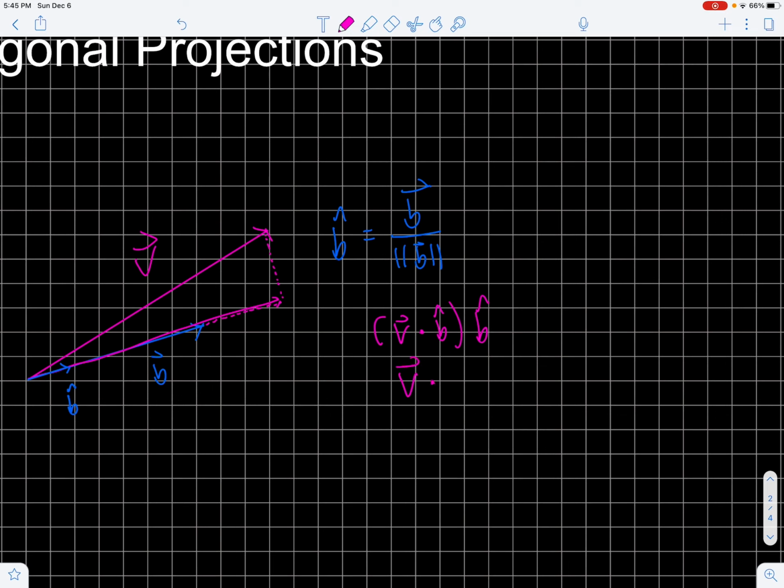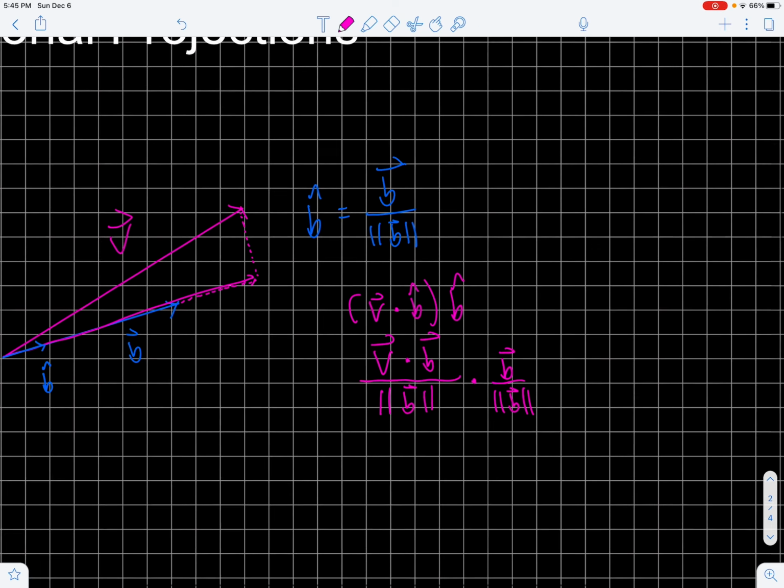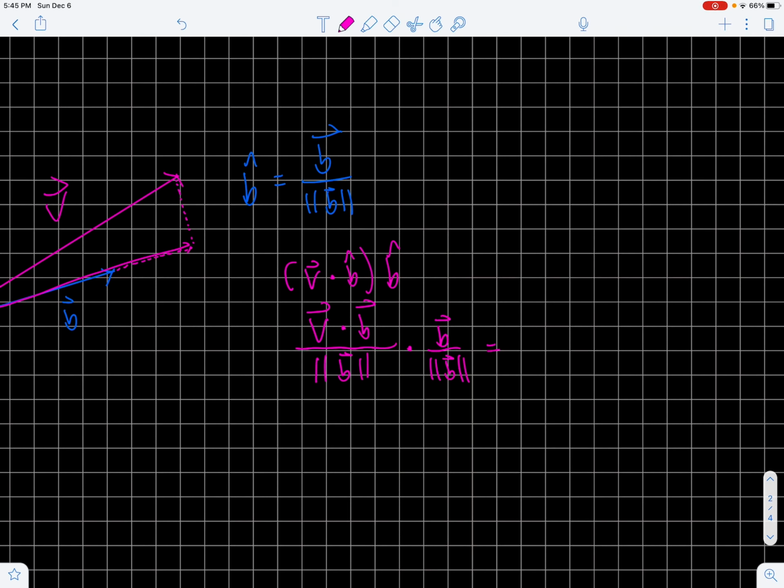So we get v dot b all over the norm of b, times b over the norm of b, which is equal to v dot b all over the norm of b squared, times the vector b.